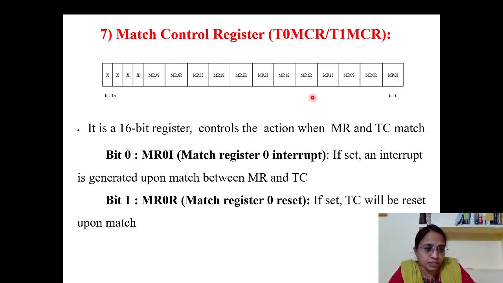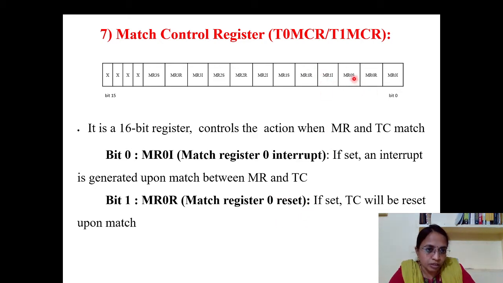If these bits are set, then the corresponding match register values will be compared with the timer counter value, and when they become the same, the timer counter is reset. Okay, so R stands for reset.